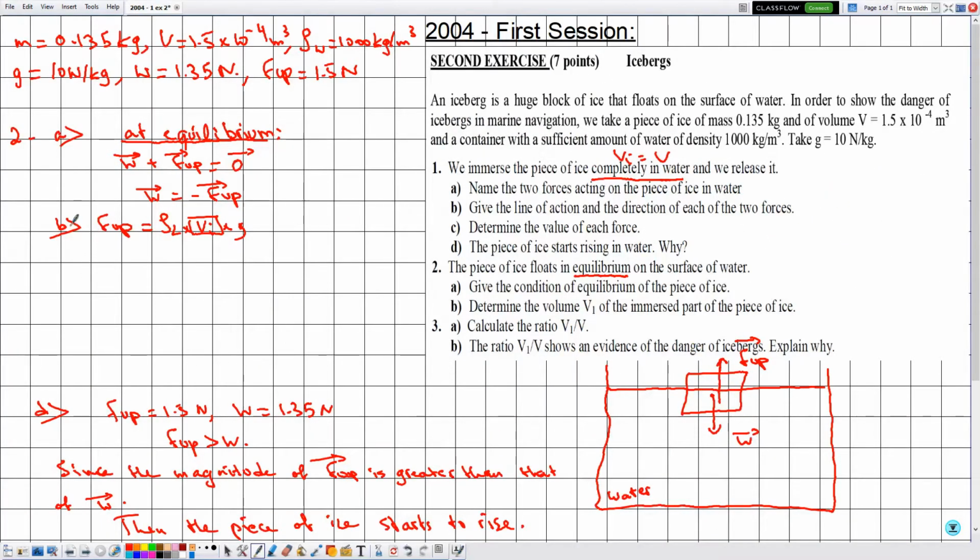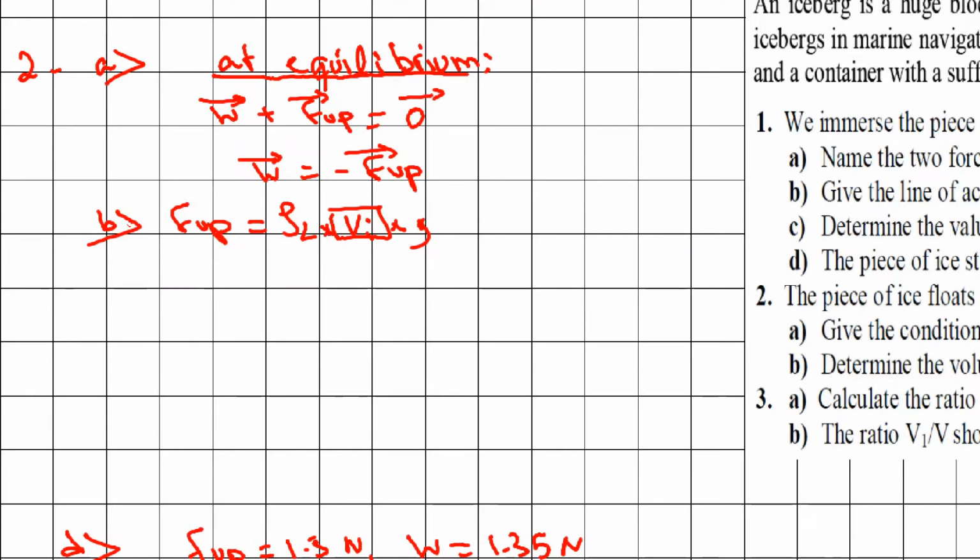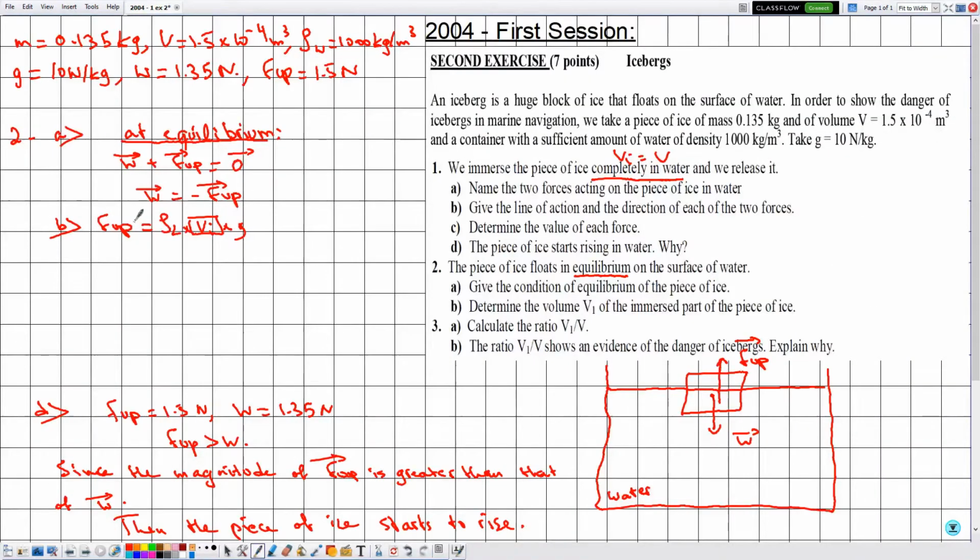So in order to determine Vi, we need to determine the new value of F upthrust, and this can be done using the condition of equilibrium because we know that the value of the weight didn't change. Now the vectorial relation is given by that W is equal to minus F upthrust. So we are interested in the magnitude.